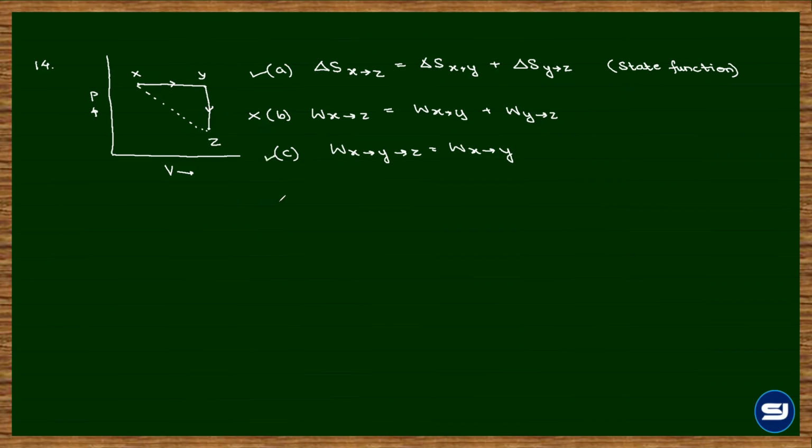That's correct. And in D, delta S of X to Y to Z is equal to delta S of X to Y? Wrong. No, this can't be correct. So that is incorrect. Options A and C should be the answer.